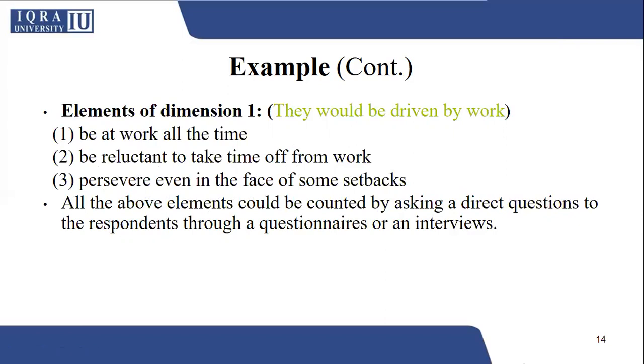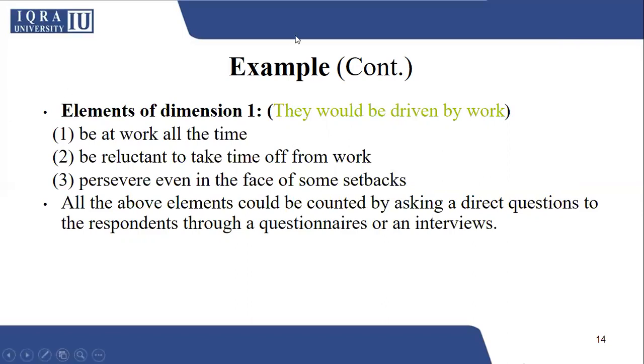That means these dimensions which you have broken down into further elements, we call these elements, or the items or the questions in your questionnaire which you ask the respondent. After asking these, this will clearly explain the concept of achievement motivation.